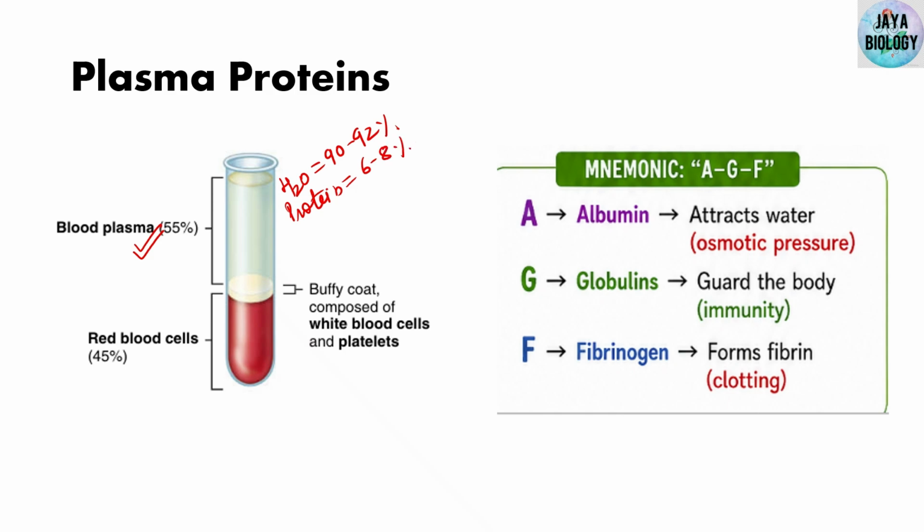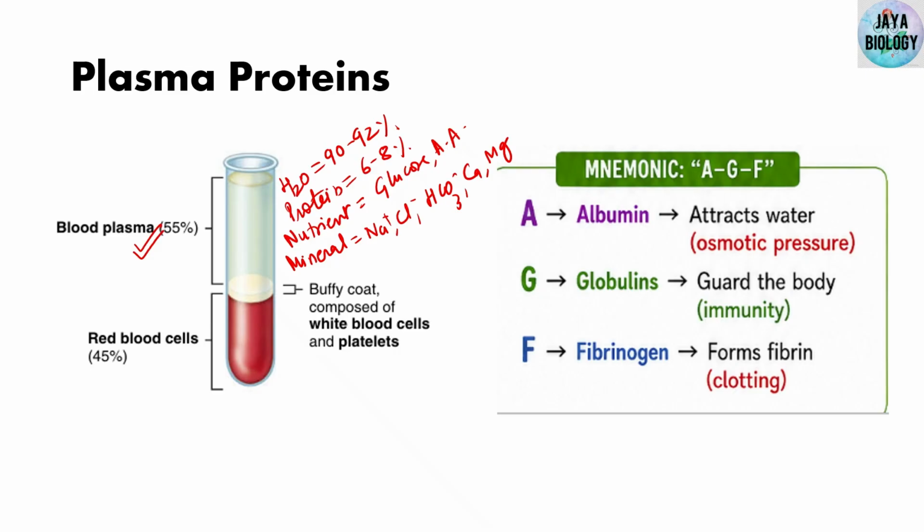It contains nutrients like glucose and amino acids in the simple form which can be dissolved. It contains mineral ions also, like sodium, chlorine, bicarbonate ions, calcium, magnesium. So all these are present in the plasma.